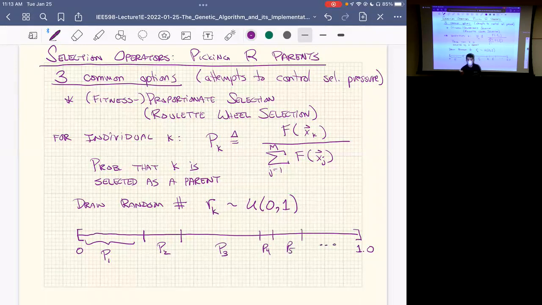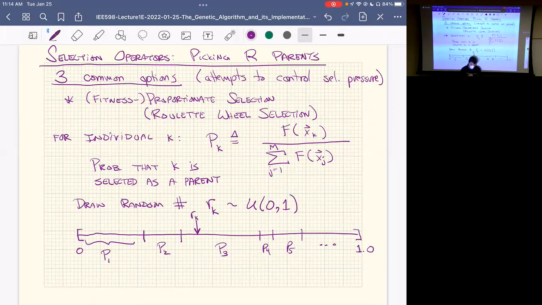Because we know all of those add up to 1, we can partition the line segment from 0 to 1 like this. Then we ask, where does r fall? If r_K, for example, falls here, that gives a win to parent 3.